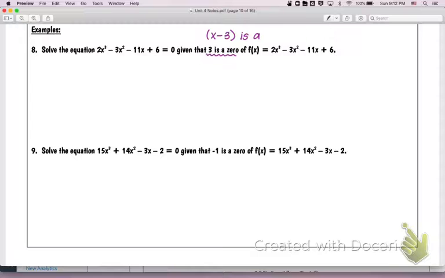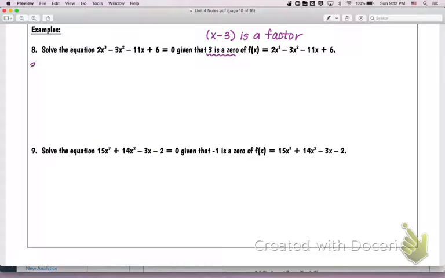So if 3 is a 0, then x minus 3 is a factor. Think about if you set that equal to 0, 3 is the answer you would get, okay? So that tells us, if I divide this polynomial by x minus 3, I should get a remainder of 0, which is good because it helps us determine how to write this function.